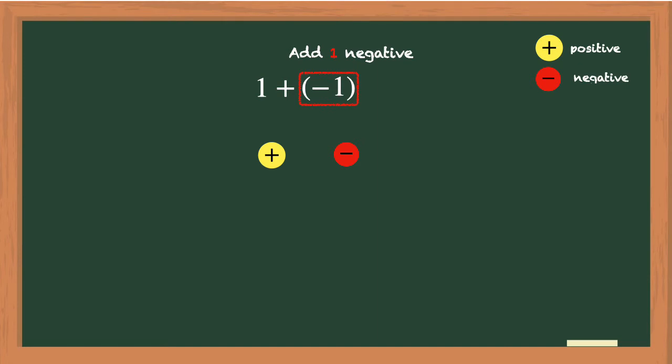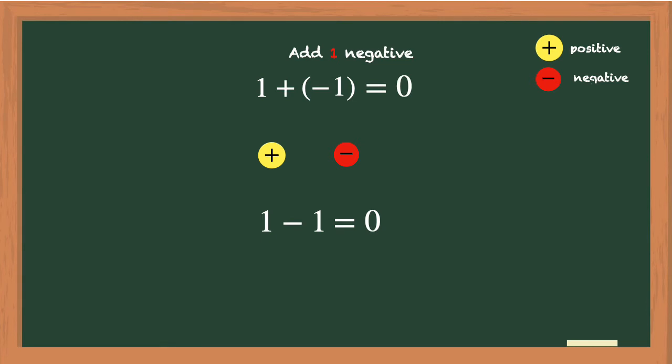So let's go back and look at the expression again, and you see an addition sign followed by a negative 1. Let's just drop the addition sign. Now that the addition sign is no longer there, I can rewrite the expression without the parentheses around the negative 1. So now I have 1 minus 1, which we all know is equal to 0. And since the expression 1 plus negative 1 is the same as 1 minus 1, it is also equal to 0.